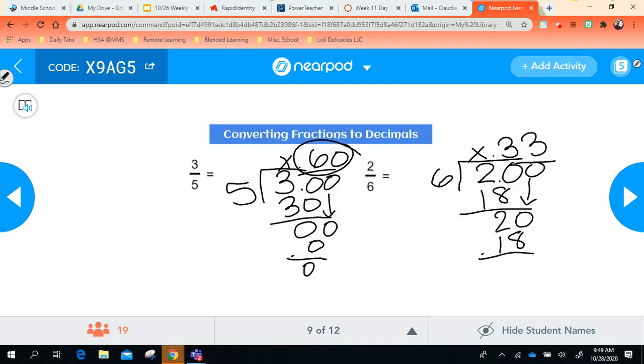So what are we noticing? Repeating. Did you know that 2/6 is also 1/3? That's one of the ones I was just telling you should be one of your easy fractions to remember. If you don't know what it's equivalent to, how are you going to solve it?